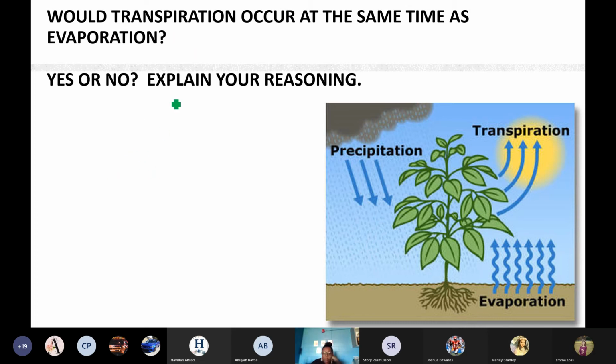I did want to help you to know that word occur. Whenever I see that word occur, it just means happen. Okay? So if we didn't know what occurs meant, it means happen.